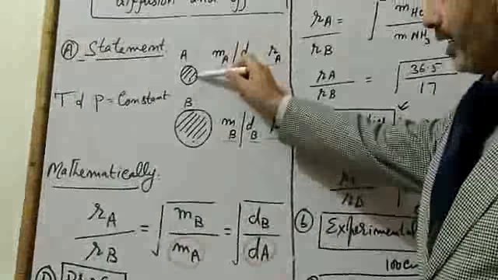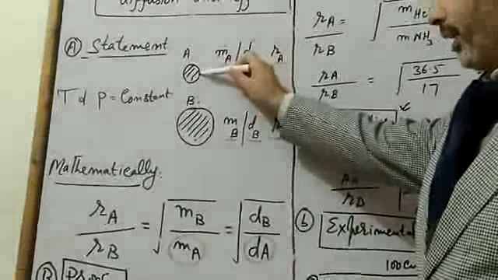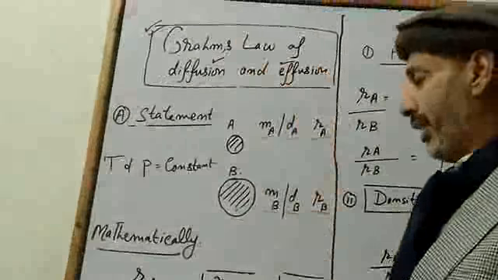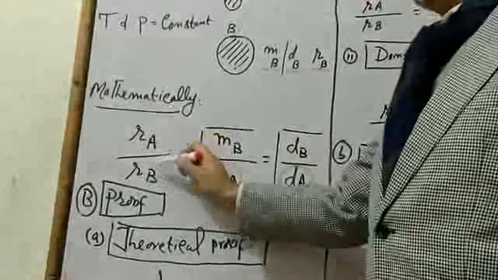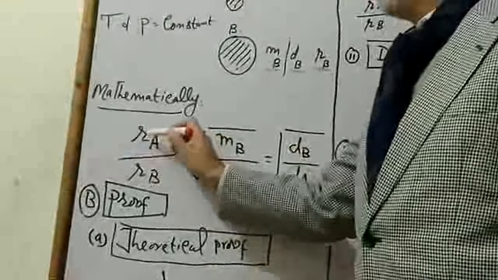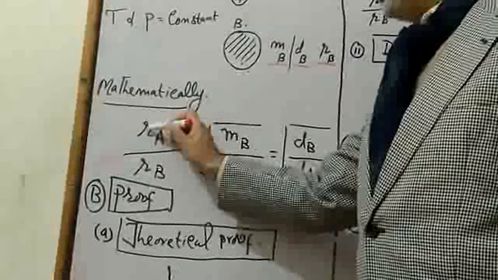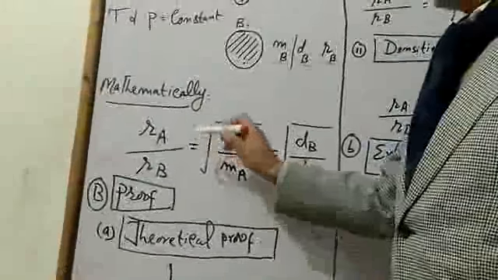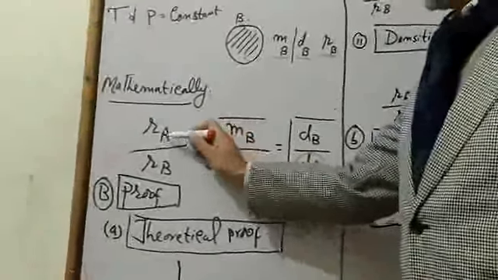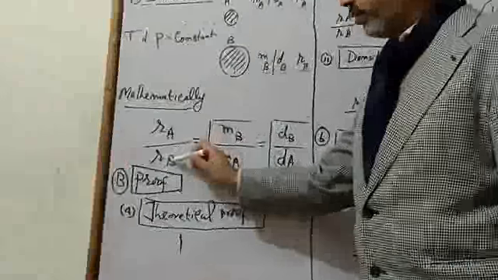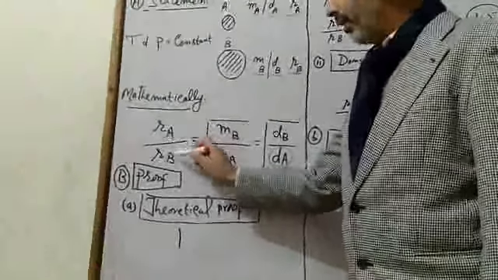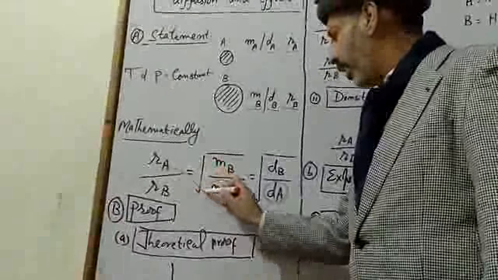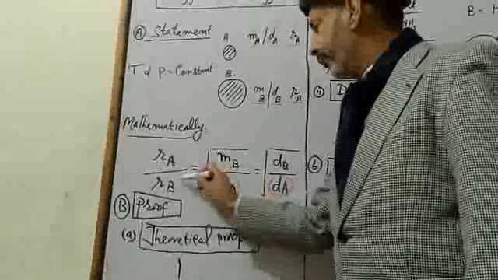But if we have two gases in comparison, like A and B, then this law can be stated in terms of the relative rate of diffusion, which is a ratio between the rate of diffusion of gas A and the rate of diffusion of gas B. The relative rate of diffusion of two gases is inversely proportional to the square root of their molecular masses.